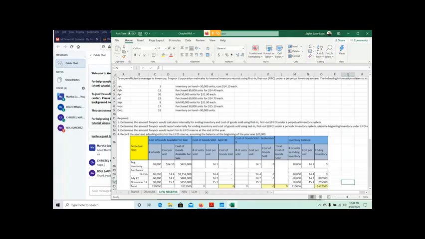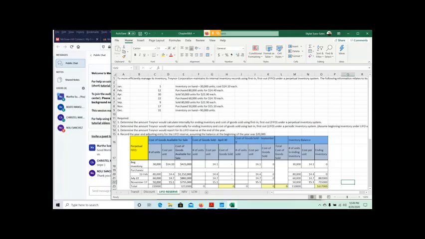Let's say our bonuses are based on the net income of the company. We definitely want to show a higher net income as managers. And if we want to show higher net income, then our cost flow assumption more than likely will be FIFO.